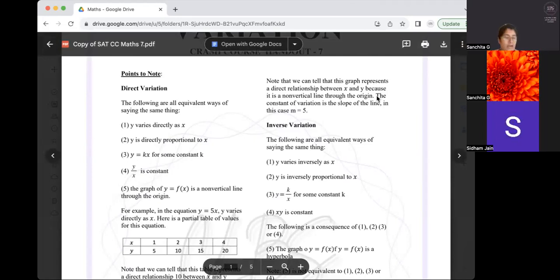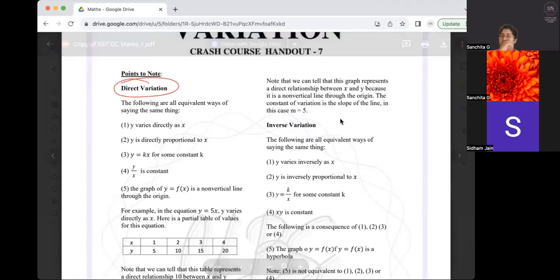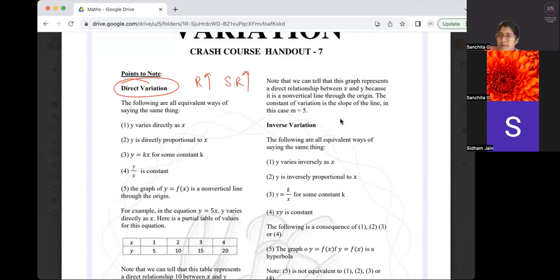So direct variation: suppose your results are better, so you have more chances of getting into good colleges. If the results are high, the success rate will also be high.